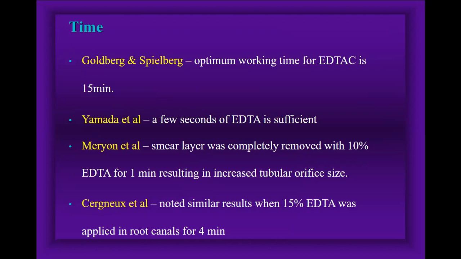Yamada et al. concluded a few seconds of EDTA is sufficient. Marion et al. say smear was completely removed with 10% EDTA for 1 minute, resulting in increased tubular orifice size.